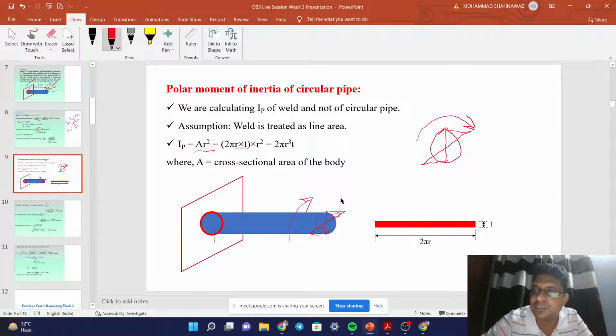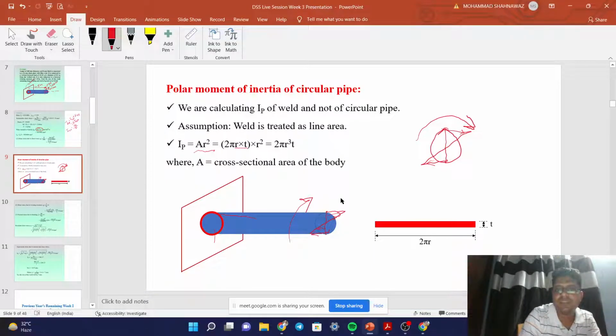This will lie in this plane. And when we are talking about bending, the tendency of this body is to bend like this. So what will happen? The upper part will get elongated and the lower part will get compressed.